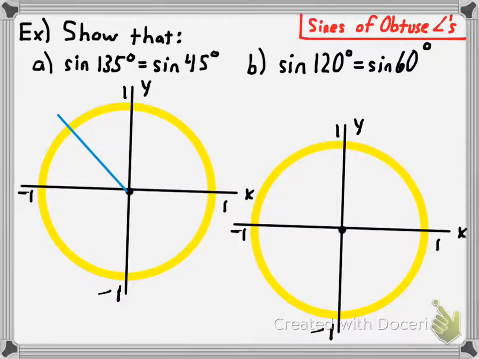And the way we would find out what the sine of 135 is, we would look at where it intersects the unit circle, and we would drop a perpendicular to the x-axis.